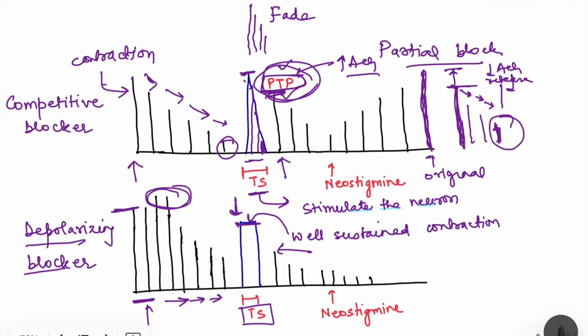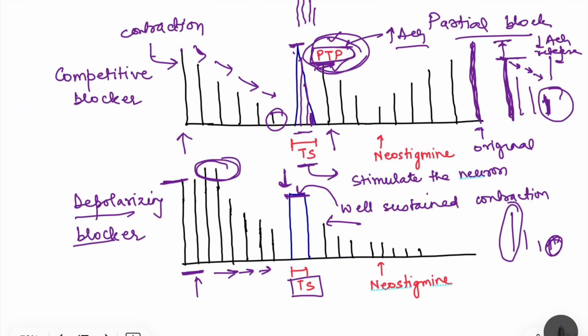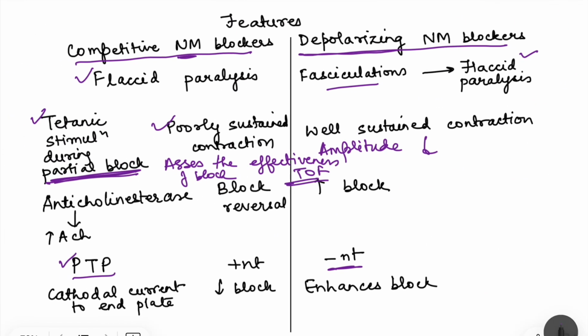So as the block deepens, the strength of contraction continuously decreases, and we take this ratio, the strength of this contraction divided by the strength of the first contraction. That will help in assessing the degree of the block. So that is the fade phenomenon with tetanic stimuli to assess the degree of the block.